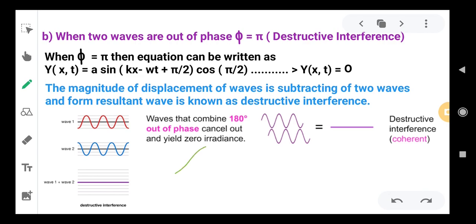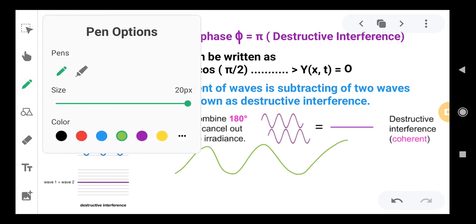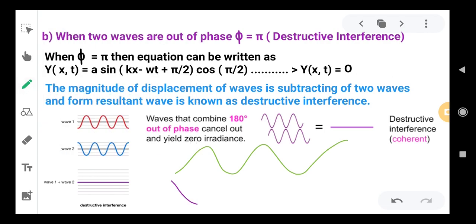Next, one wave is moving downward, and another wave is moving in the upward form.